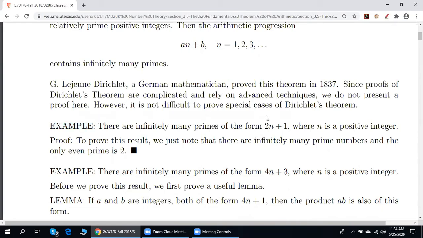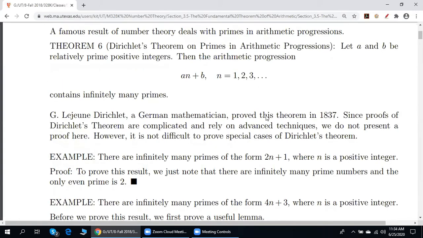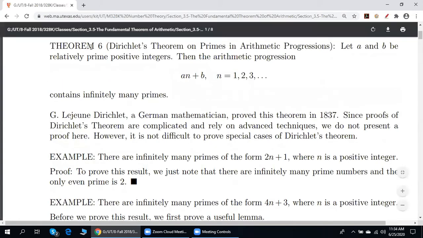So we can easily prove a particular case of theorem 6 when a is equal to 2 and b is equal to 1. To prove this result, we just note that there are infinitely many prime numbers and the only even prime number is 2.